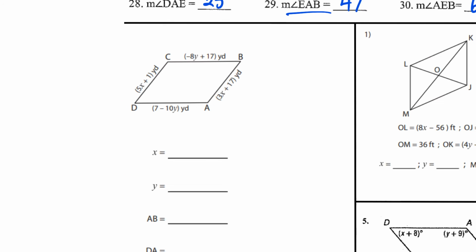Okay, dropping down to here. I want to find the value of x. I see an x there and I see an x there. If this is a parallelogram, what do I know about these opposite sides right here? They're congruent to each other. So this side is congruent to this side. To find the value of x, I'm going to put 5x plus 1 equals 3x plus 17.